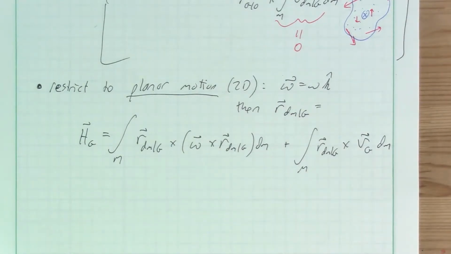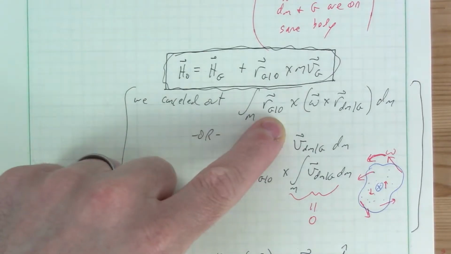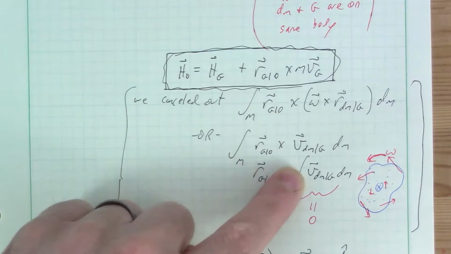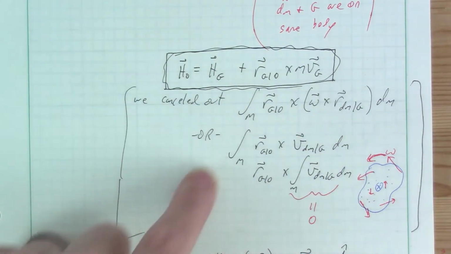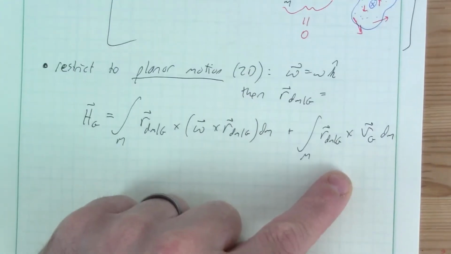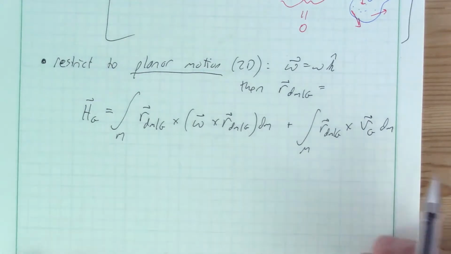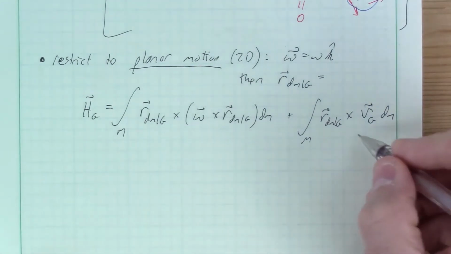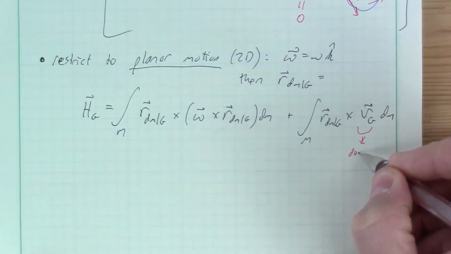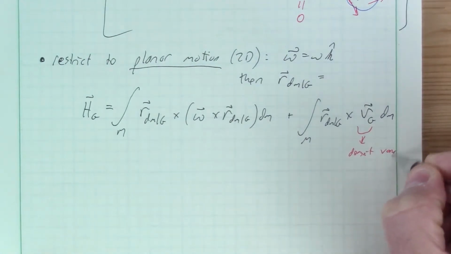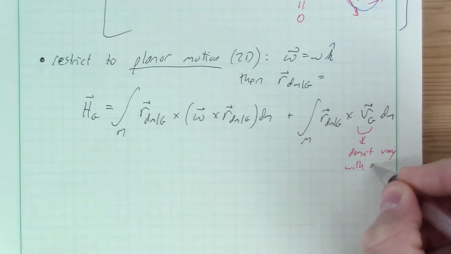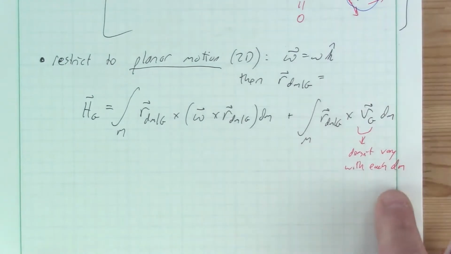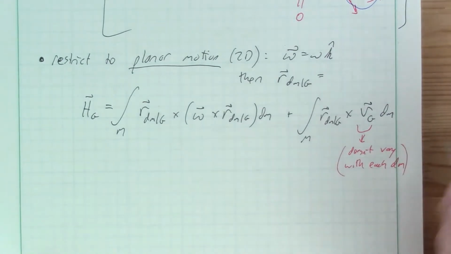For the same reason that this term was 0, this term is going to be 0 as well. Should we hand wave our way through that again? This is a little bit different, right? Again, this guy doesn't vary with each differential mass element, so that can be pulled out of the integral.